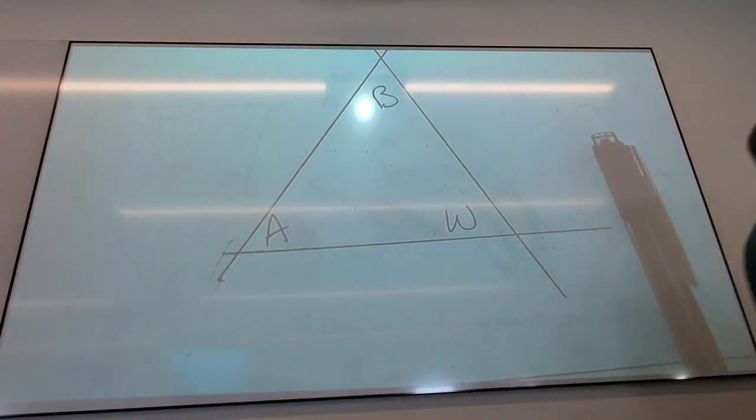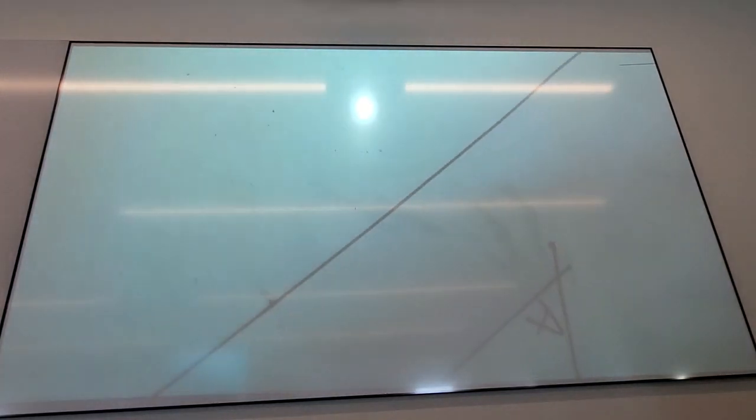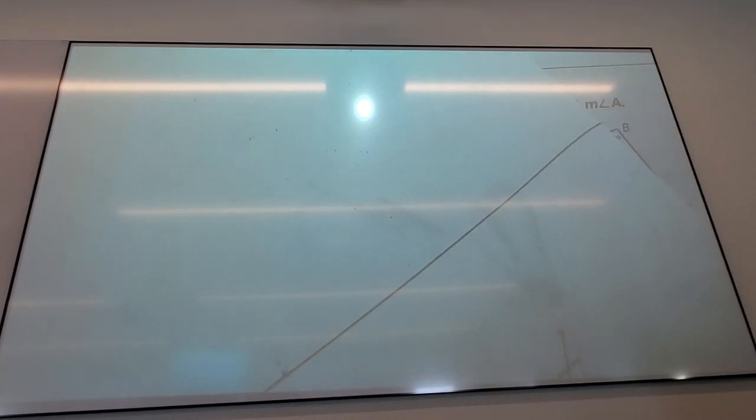Let me see if I can do this one. Wait, these are fine. User error.